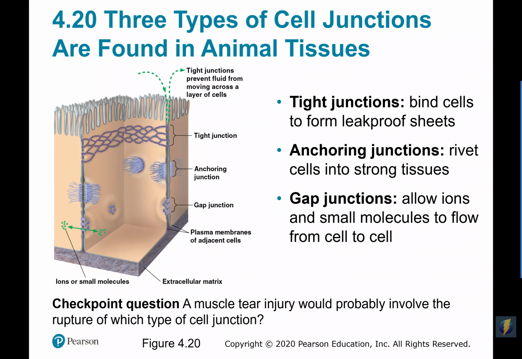A muscle tear. I'll let you think about it. It would likely be an anchoring junction because the anchoring junctions attach cells to each other into these really, really strong tissues that help the cells stay together.